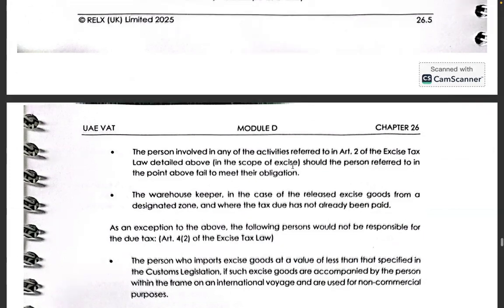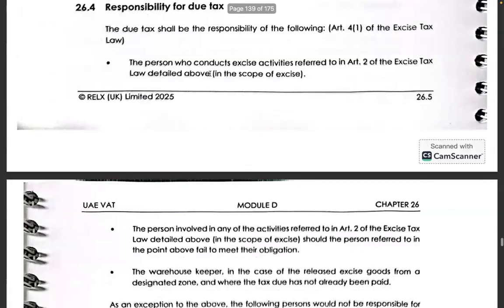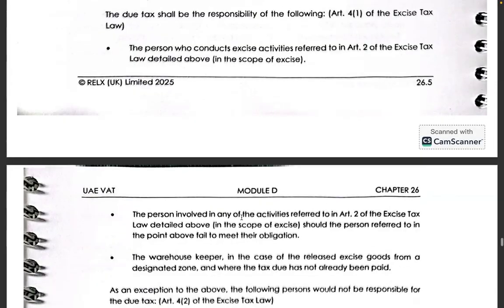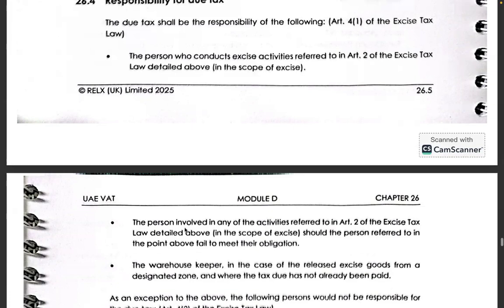So in case the person who was conducting the excise activities does not settle the obligation, then the person involved in any of those activities is responsible. So the first one is the person who conducts, and the other is the person who is involved in any activities.